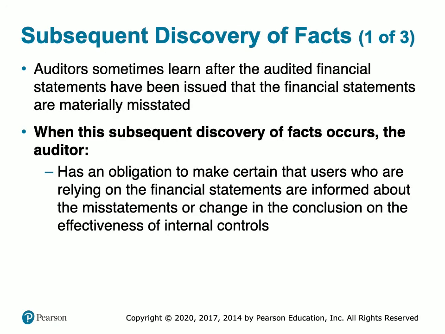And then if you find the audit report has been issued, you have an obligation to make sure, if it's material, that users of the financial statements know whether they can still rely on your report.